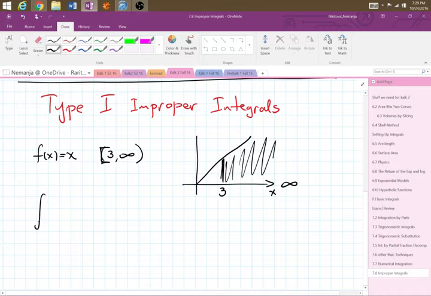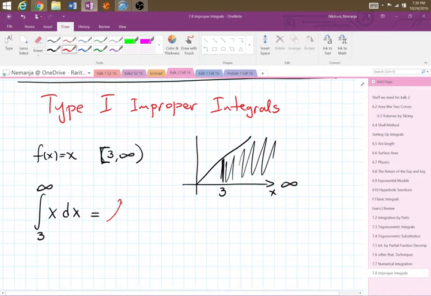So we will set up the integral immediately. We know that area is computed as f of x dx. So I have x dx, and the limits are 3 to infinity. This infinity in the upper limit is a clear indication that we have an improper integral. The way to solve an improper integral is to replace that infinity with a finite value, in this case b, because it's the upper limit, and then you send that b to infinity in the limit.